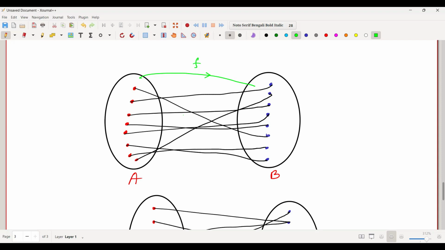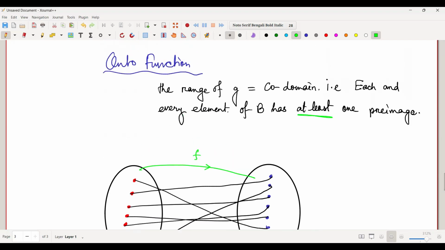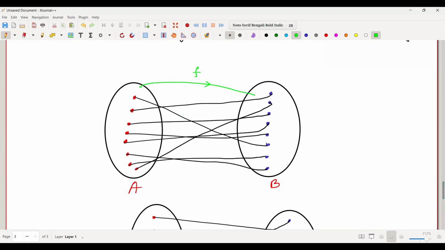Every element is connected to an element of set A. Notice that every element of B has, I have written here, at least one pre-image, but the speciality of this function f is that every element of B has exactly one pre-image.